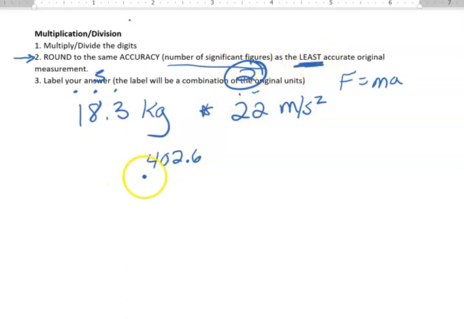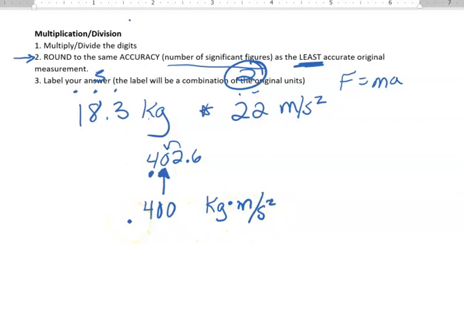So I always start on the left side of my number and I mark off 1, 2. So that means I round to this position. I follow my conventional rounding rules. So the 2 says we need to leave this alone. So that would make this 400. Now I would add my label here. So the label will be these values combined. Since it was multiplication, it would be a kilogram times a meter per second squared.